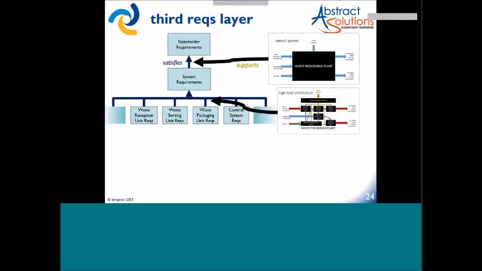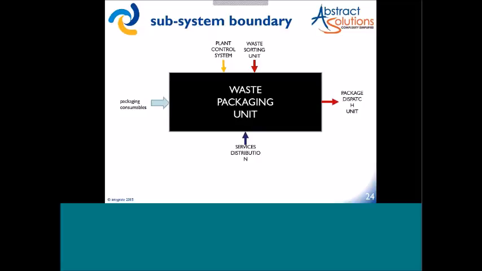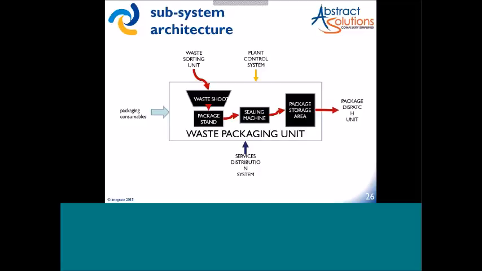We can pick up one of those black boxes, for instance, the waste packaging unit, and we can open that up. So there it is as a black box with its inputs and outputs. We open it up, and we determine that inside there we're going to have a waste chute, a package stand, a sealing machine, and a package storage area as subsystems or components. And each of those is a black box, but they interoperate together within the waste packaging unit to achieve the required function.